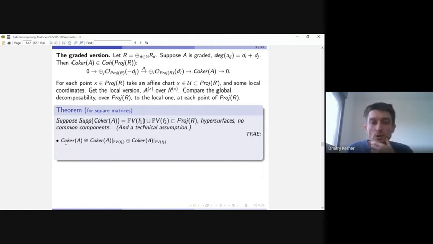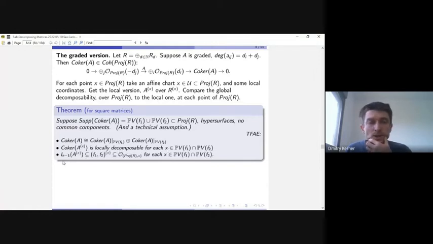The sheaf decomposes globally into the part supported on one hypersurface plus the part supported on the other hypersurface. Or each stalk of this sheaf is locally decomposable, already on the projectivization. Or once again, the ideal of almost maximal minors, locally, sits inside this local ideal. So this is the theorem. It is sort of a graded to local transition.